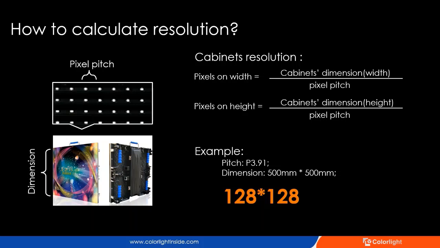For example, there is a P3.9 cabinet, which is widely used in rental projects. The size is 500 by 500 millimeters. After calculating, we can get the result of the resolution. It is 128 by 128.